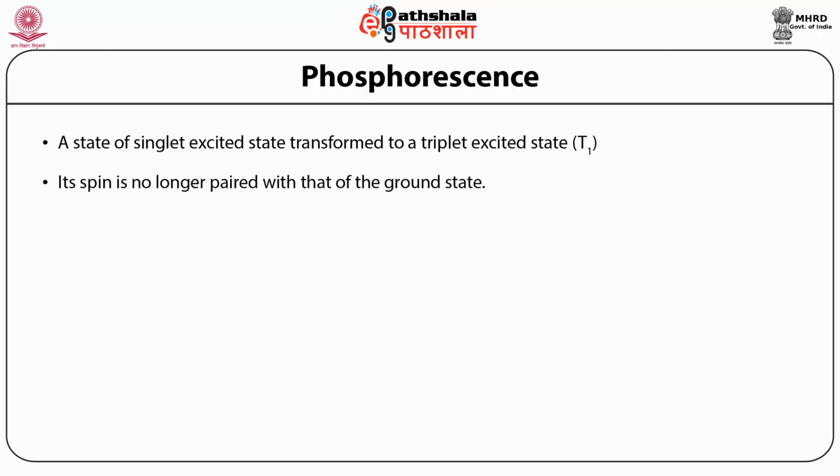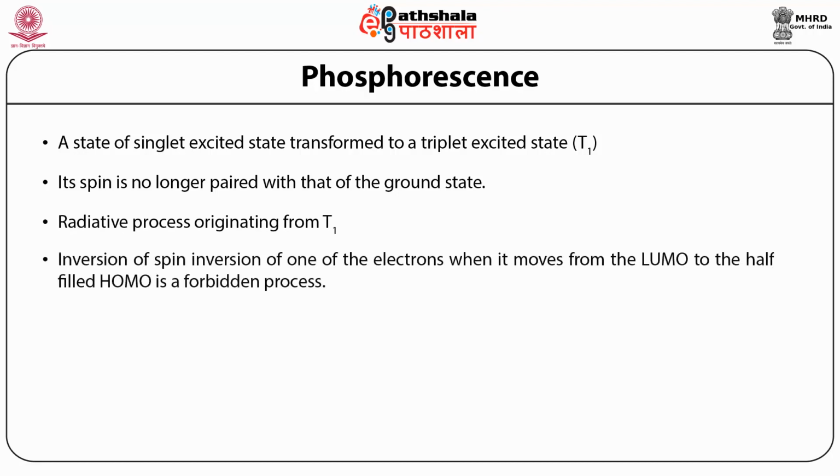That is, the spin of the paired electrons is no longer paired and one of the electrons has changed its spin. The radiative process originating from the triplet state takes time because inversion of spin of one of the electrons when it moves from the lowest unoccupied molecular orbital to the half-filled highest occupied molecular orbital is a forbidden process.